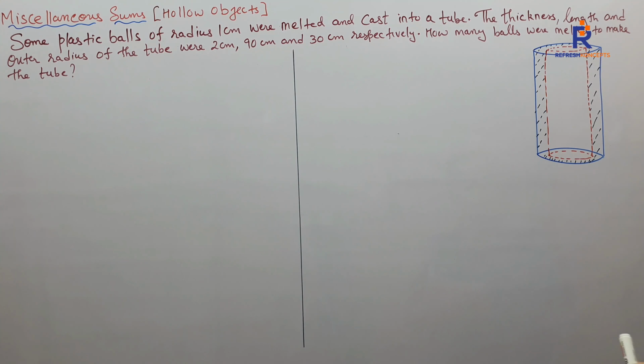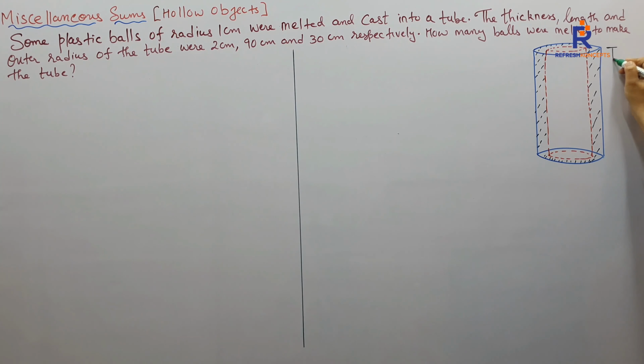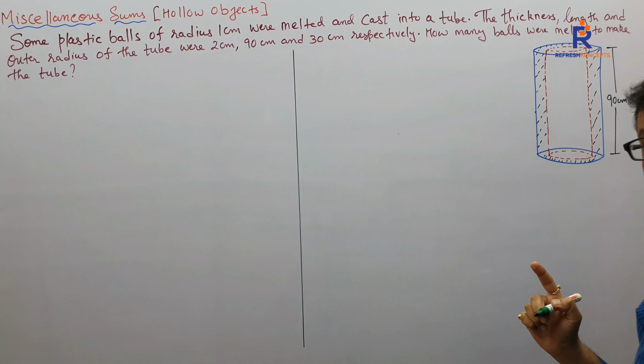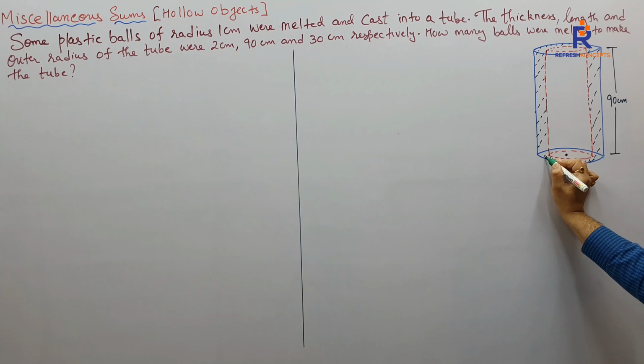Children, let's understand the dimensions. The thickness, length. Can I say the length over here is 90 centimeter? Length is 90. The thickness is 2 centimeter and the outer radius is 30. When they say outer radius, am I talking about this radius?